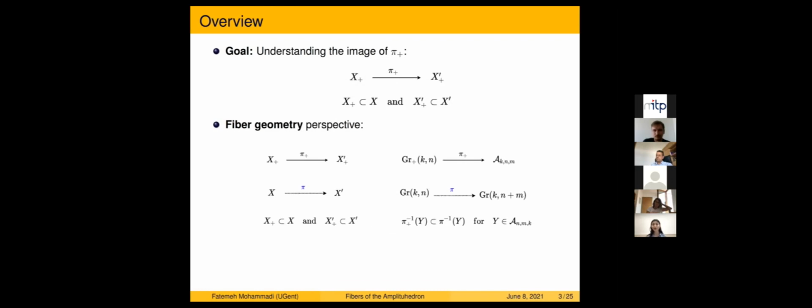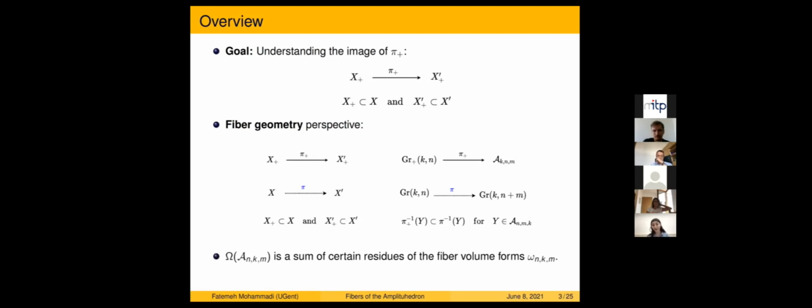In particular, we would like to understand the fibers of the defining maps of the Amplituhedron. Namely, to define the Amplituhedron, we have a map pi plus from the positive Grassmannian to the Amplituhedron, and the extension would be a rational map between different Grassmannians. We would like to look at the fibers of this map and see what properties they have.